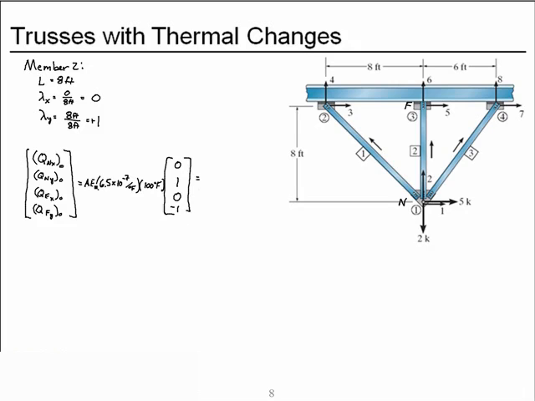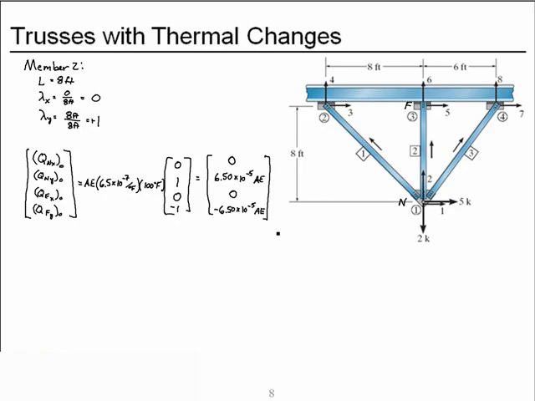Put those together, multiply these times the directional cosine, we get 0, 6.5 times 10 to the minus 5 AE, 0, and minus 6.5 times 10 to the minus 5 AE.